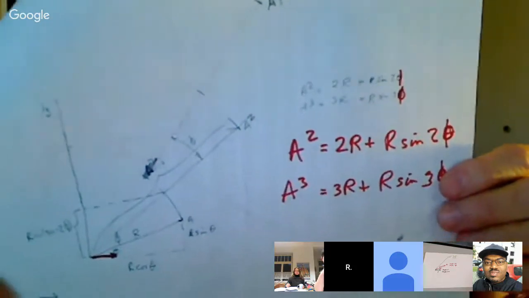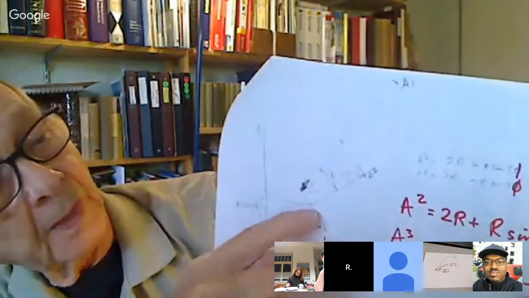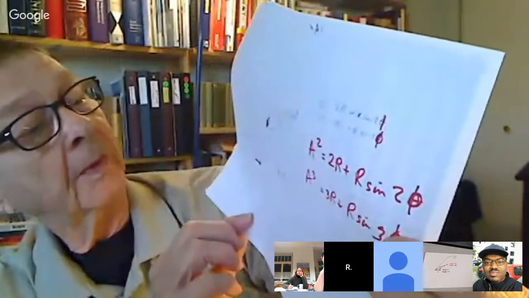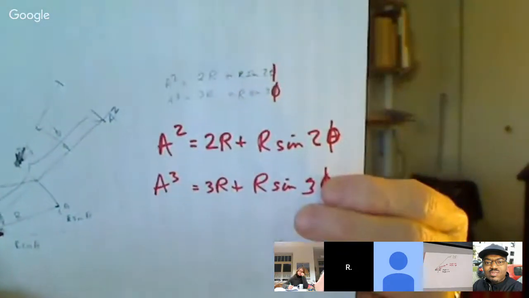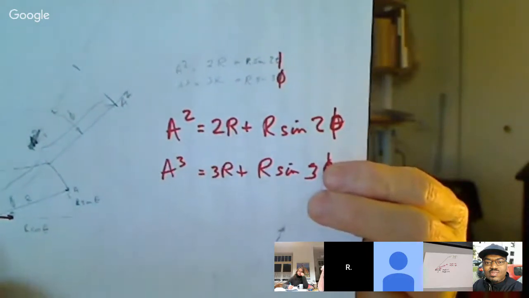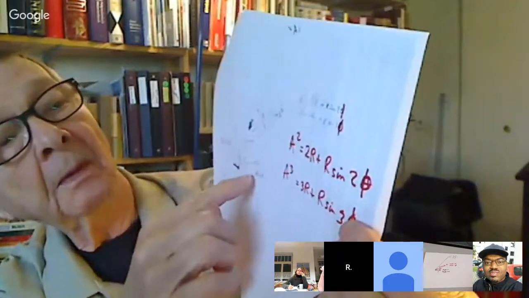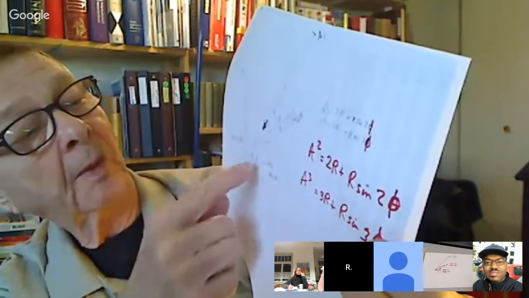I can't see it now to say it, but I made a rectangle out of it, and I projected the end of it over to the y-axis, which I then called r times the cos of 90 minus 2 phi, which comes out to the sine of phi. And then that's that component, and the other component is just twice times r.